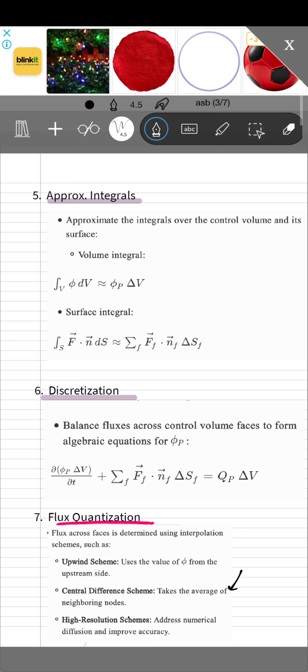Another aspect of this flux quantization is a quantity called the Peclet number, Pe. Pe is just the ratio of the transport taking place due to convection by the transport that is taking place through diffusion. So a high value of Pe indicates that the convection component is much higher.